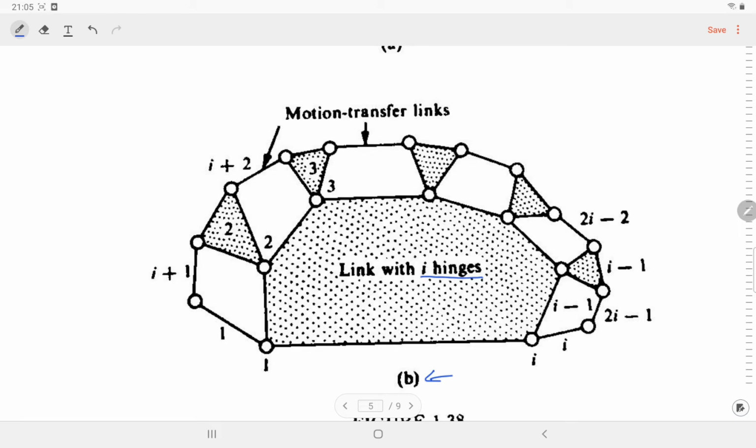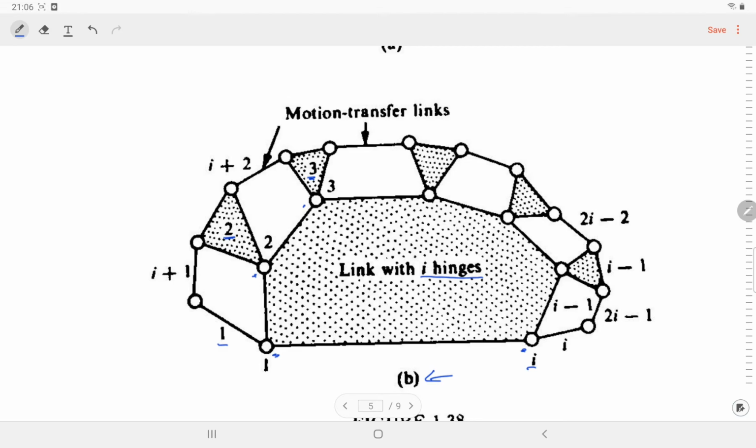Fine. So now we have a link with i hinges. These are the hinges, 1, 2, 3 and so on up to i. Now these hinges are being connected with other links. So this is 1, this is 2, this is 3. And we have ternary links, since we have to have only simple hinges.